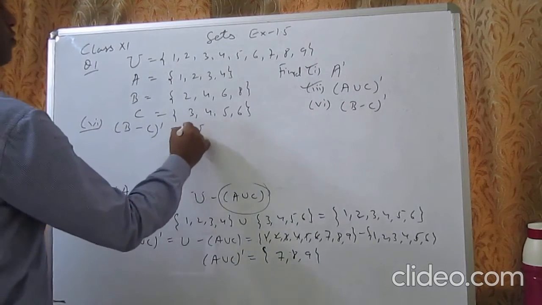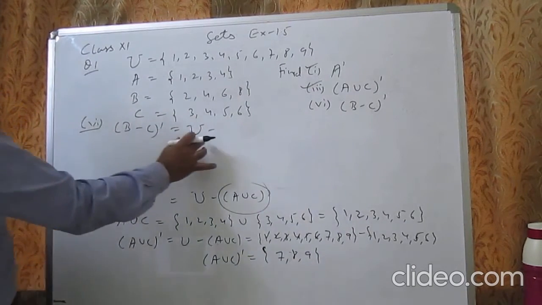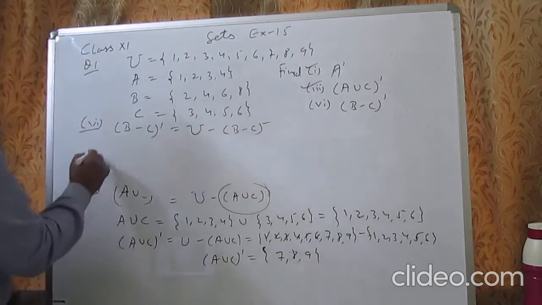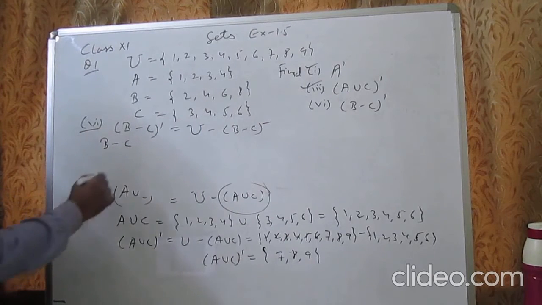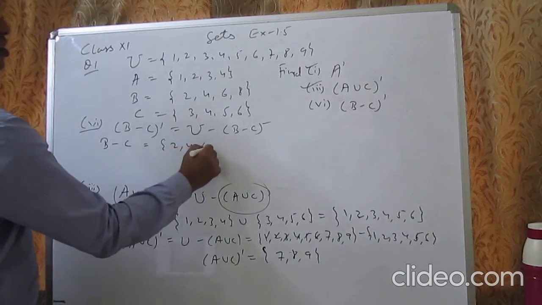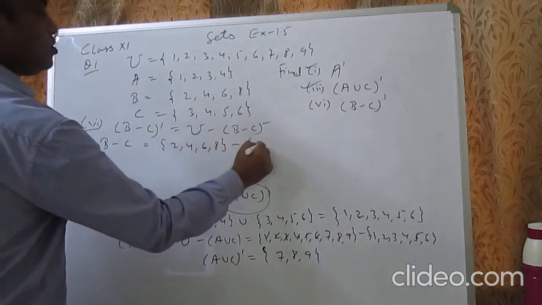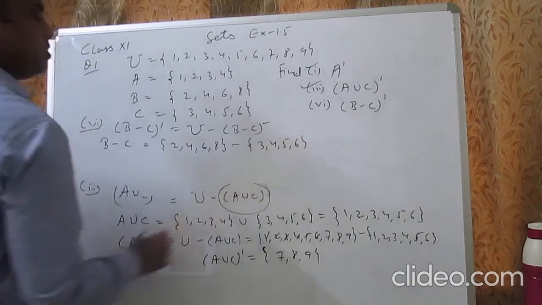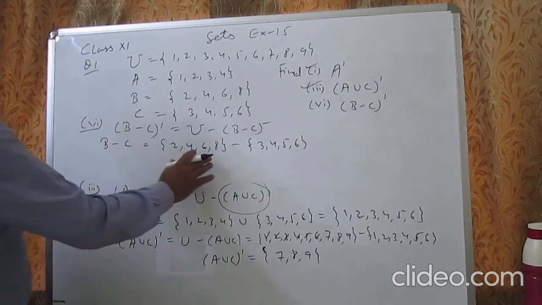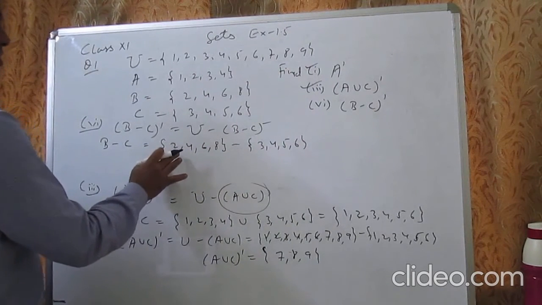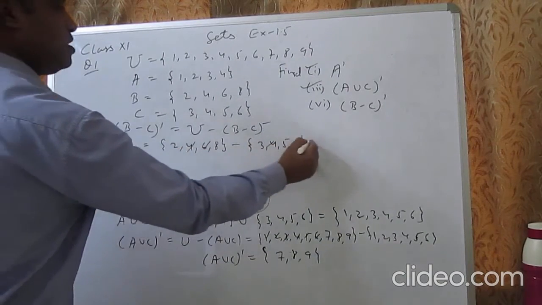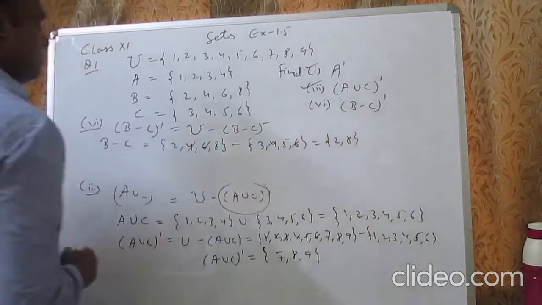This means you have to take the difference from the universal set of B minus C. First you calculate B minus C. B is 2 4 6 8, C is 3 4 5 6. So only the elements of the first set, not in the second set. What is left in the first set? 4 is cancelled, 6 is cancelled. So 2, 8 is B minus C.